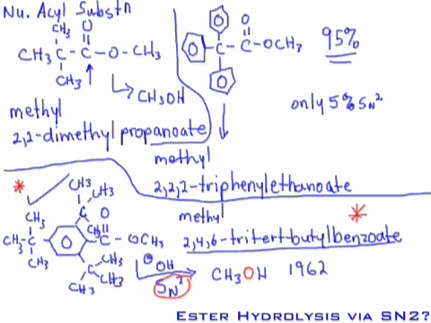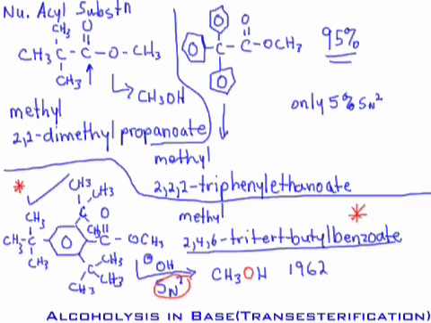Okay, so that's the hydrolysis reaction. That is the reaction which allows us to say esters are a carboxylic acid derivative because they react with water to make carboxylic acid. What we want to do now is look at reactions with alcohol.